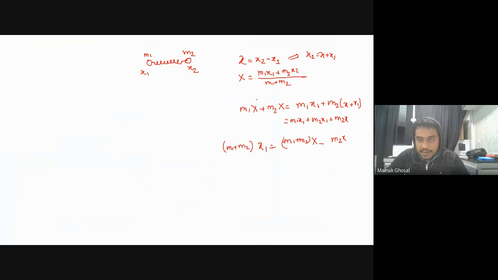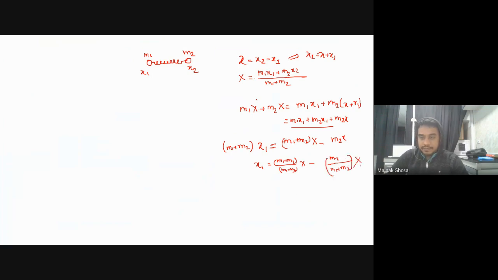How is this coming? If we take m1 plus m2 common from the x1 terms, I will be left with m1 plus m2, and m2 x will be on the opposite side of the equal sign. So what will my x1 be? My x1 will be m1 plus m2 by m1 plus m2 into X minus m2 by m1 plus m2 into x.